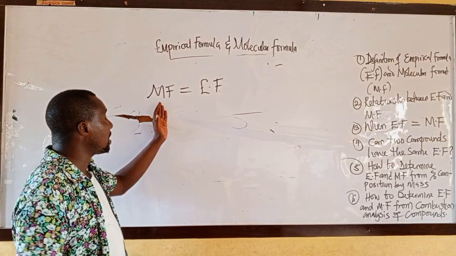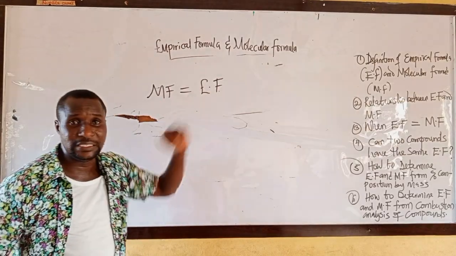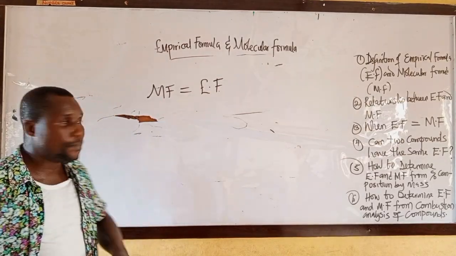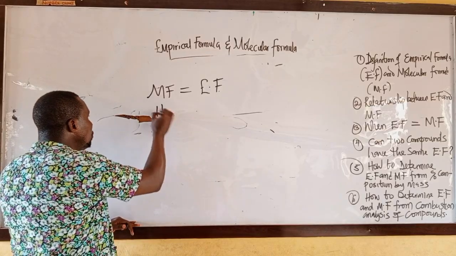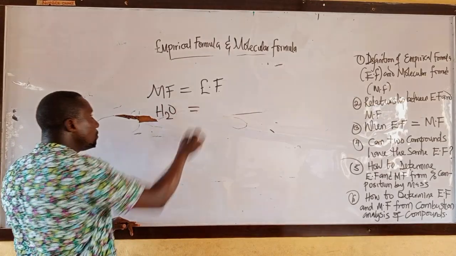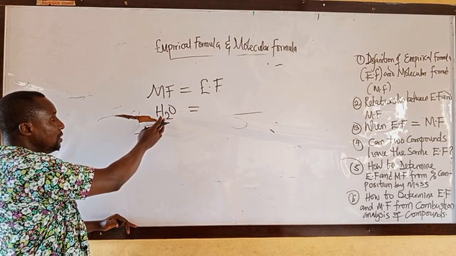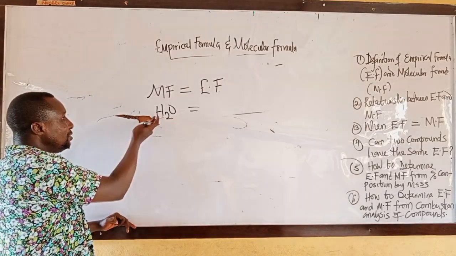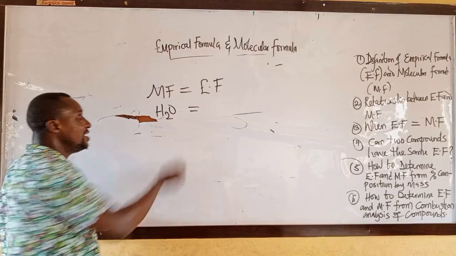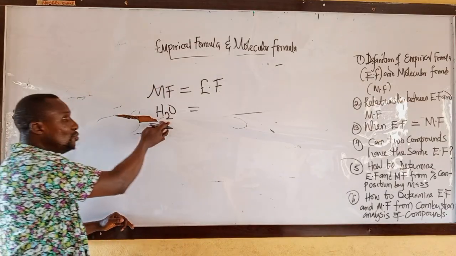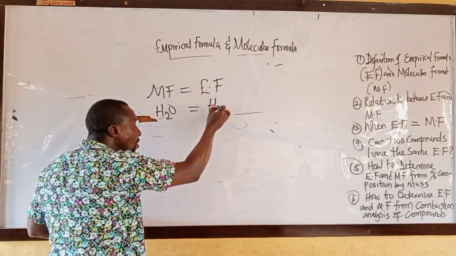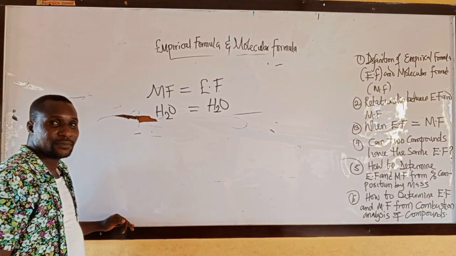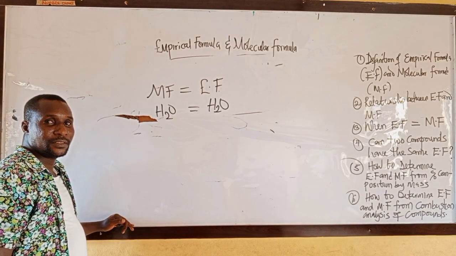That means empirical formula and molecular formula are the same. An example, look at this. H2O. This is the simplest whole number ratio of H2O. That means you can't simplify this any further. Therefore, this is the molecular formula of H2O. Therefore, the empirical formula is also H2O. Take note of that.